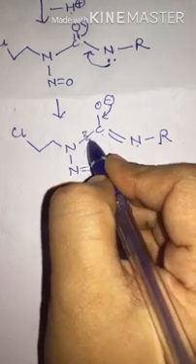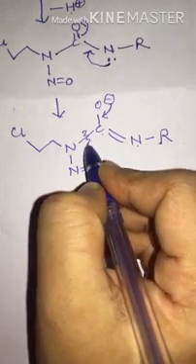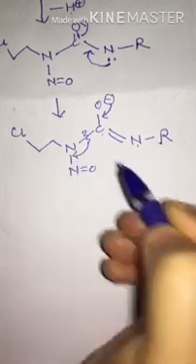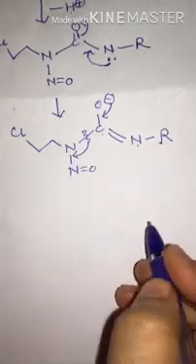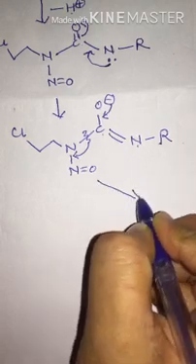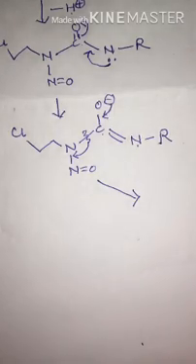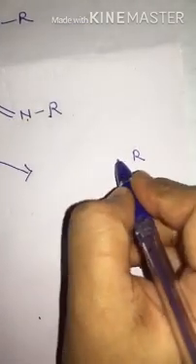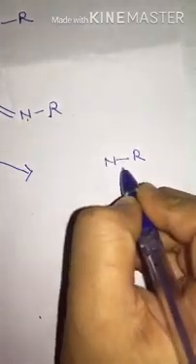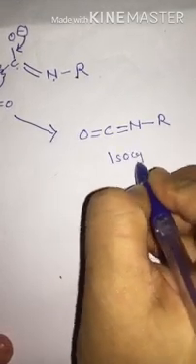So there is a breakdown of this bond, which forms a double bond between these two nitrogens, and we get our isocyanate. So we have the structure R, N, double bond C, double bond O. This one is isocyanate.